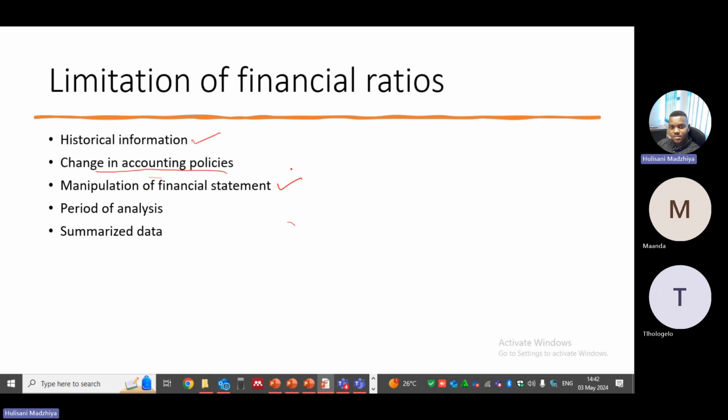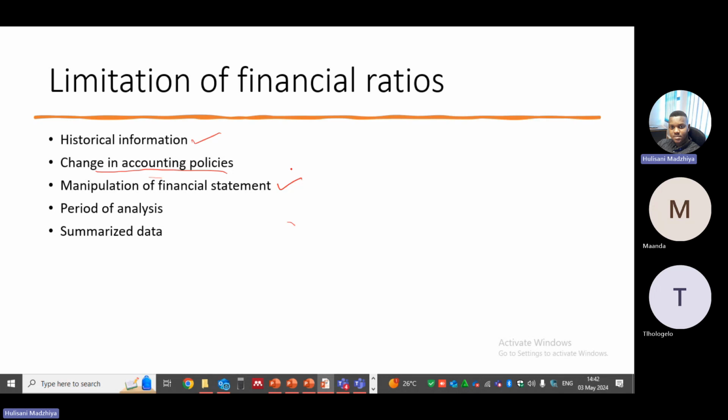For example, right now, we've got this company called Canal, which is trying to buy MultiChoice. So MultiChoice can manipulate its financial statements to make its share price go up, making it look like it's being profitable, having high asset value and generating enough return for its investors.